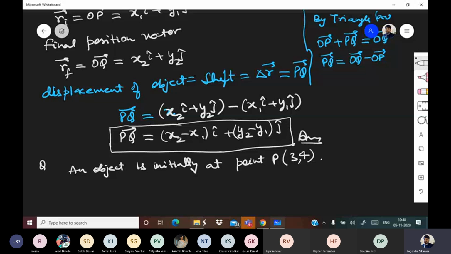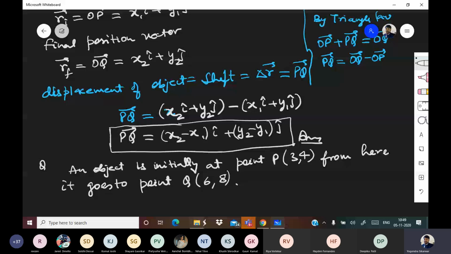From here it goes to point Q, and that is (6, 8).